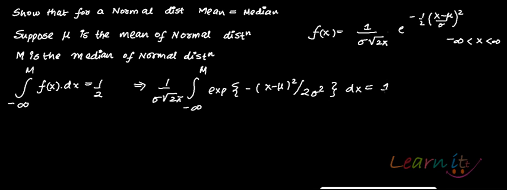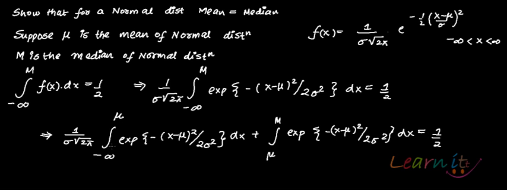This should be equal to half. Okay, now what does this imply? This implies that 1 upon sigma root 2 pi, minus infinity to mu.